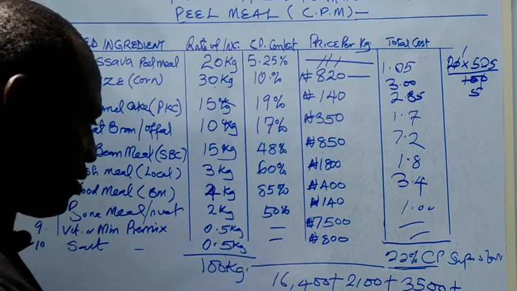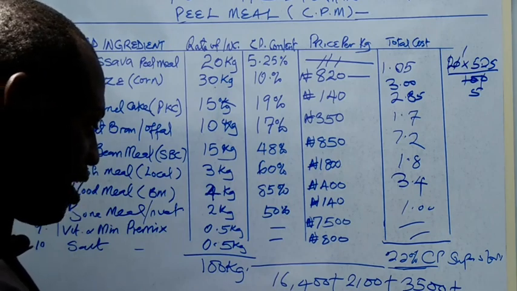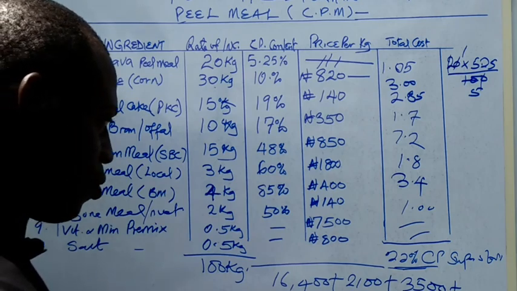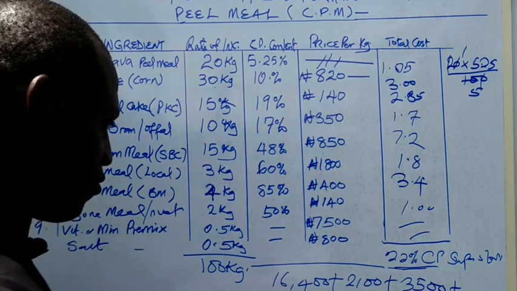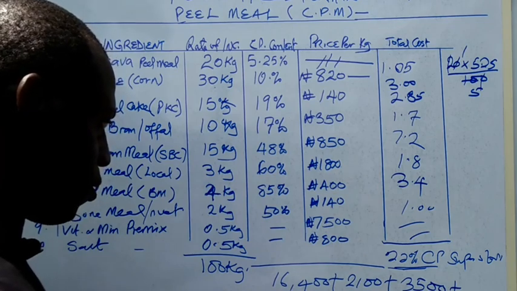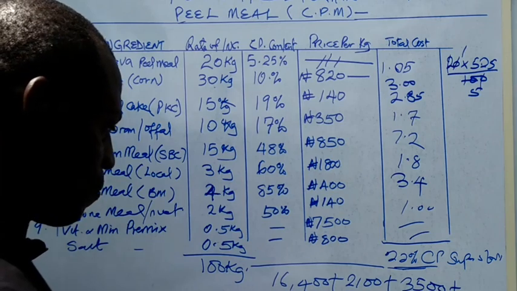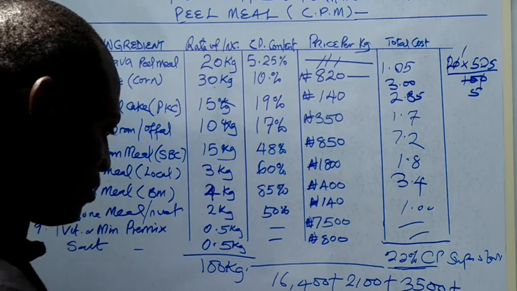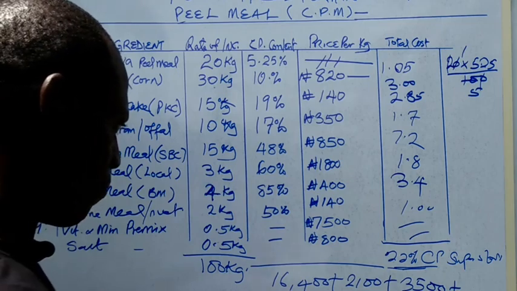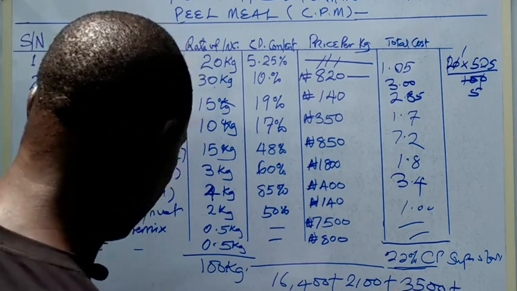Now this is 16,400 plus 2,100 plus 3,500 plus 12,750 plus 5,400 plus 1,600 plus 280 plus 3,750 plus 400 plus 400. That will give us 46,180.